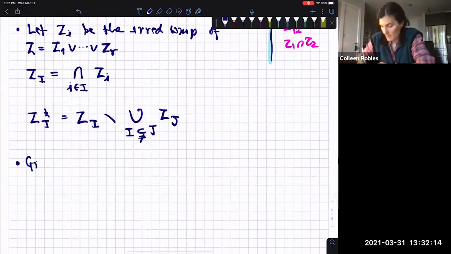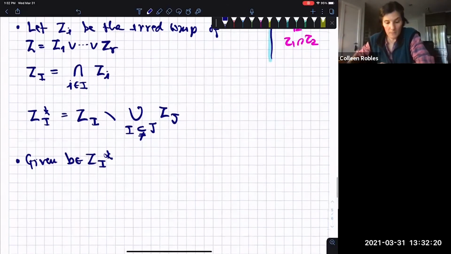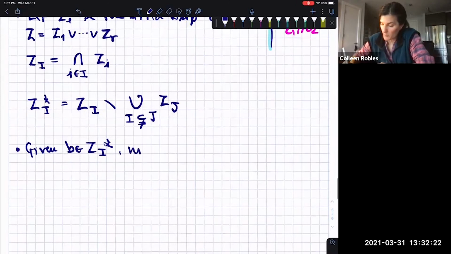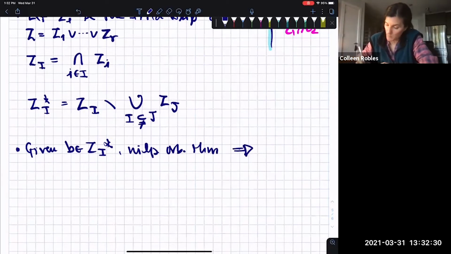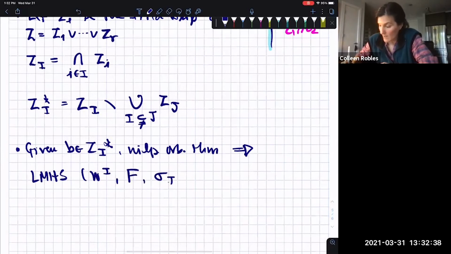In particular, given a point B in one of these strata, the nilpotent orbit theorem associates to this point a limiting mixed Hodge structure. This is the data of a weight filtration, a Hodge filtration, and a nilpotent cone.